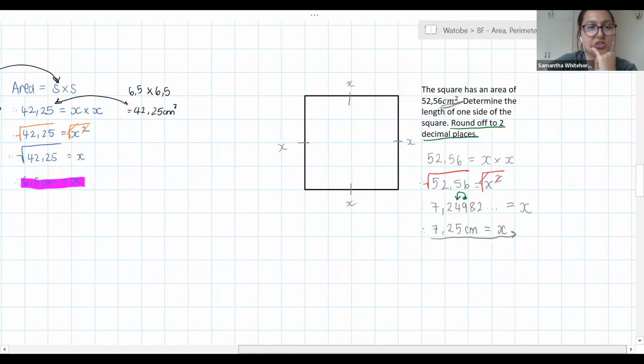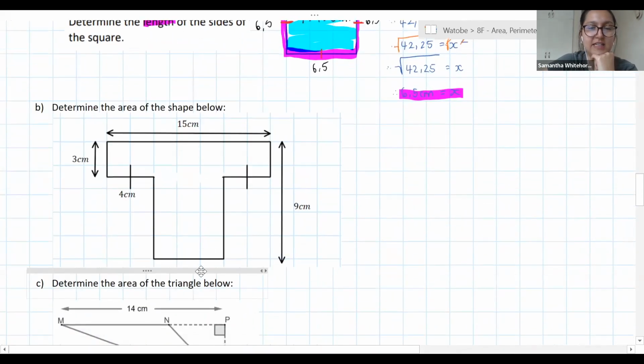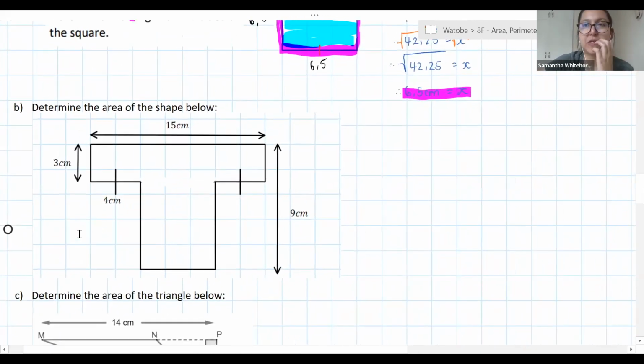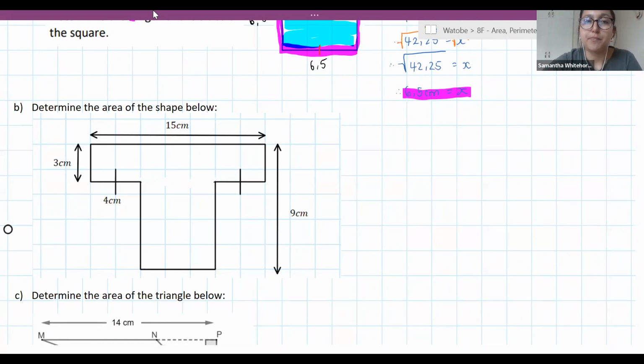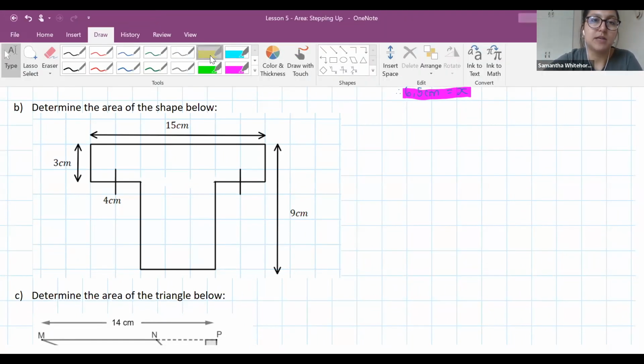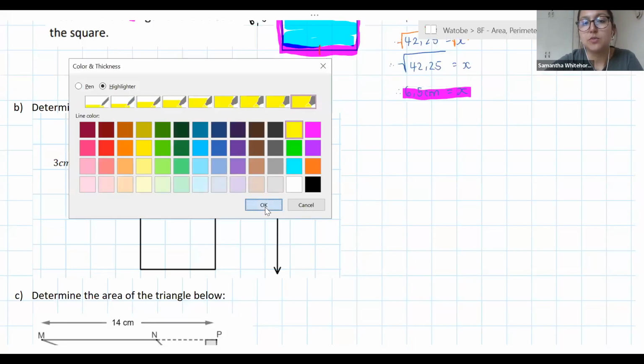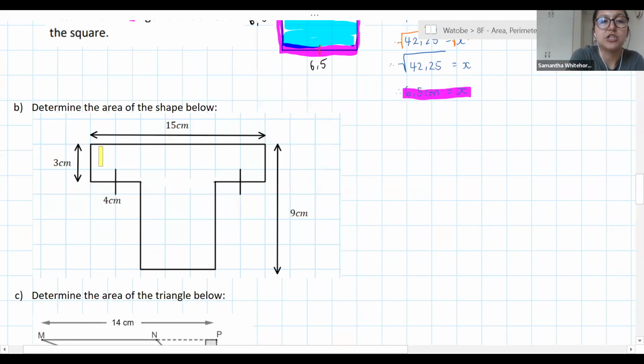Alrighty, guys. So let us have a look now at a slightly different type of area question that involves complex shapes. So shapes that aren't necessarily just a rectangle or just a square, shapes that are sort of combined. So we can be asked to work out the area of complex shapes. I can ask you to work out the area of this T-looking shape.